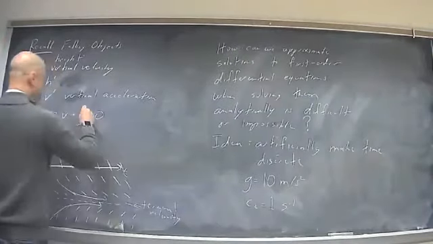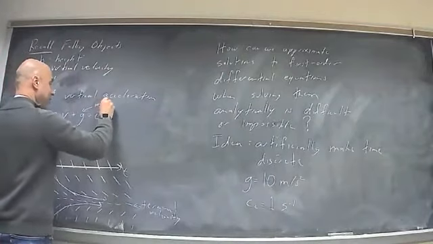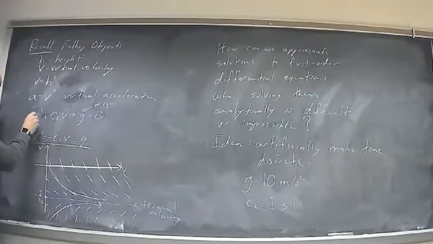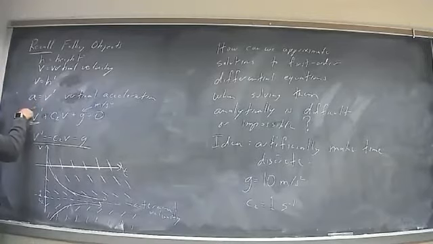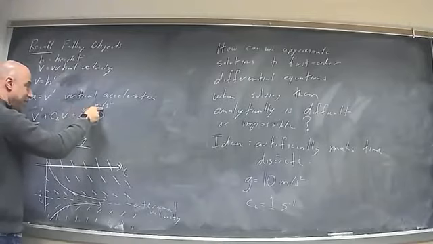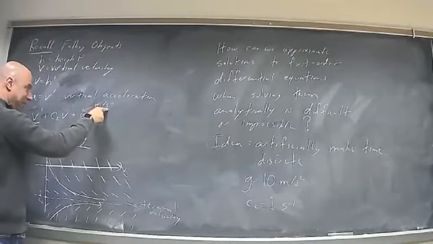We already know that g is in meters per second squared, which makes sense since the derivative of velocity is an acceleration, a unit of distance divided by a unit of time squared.